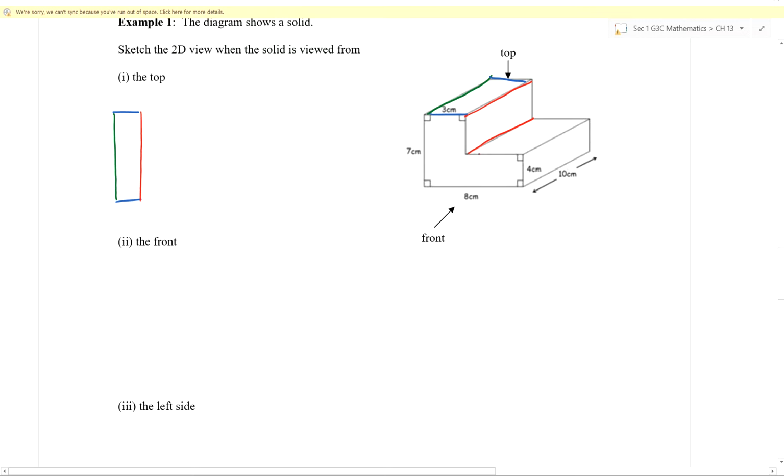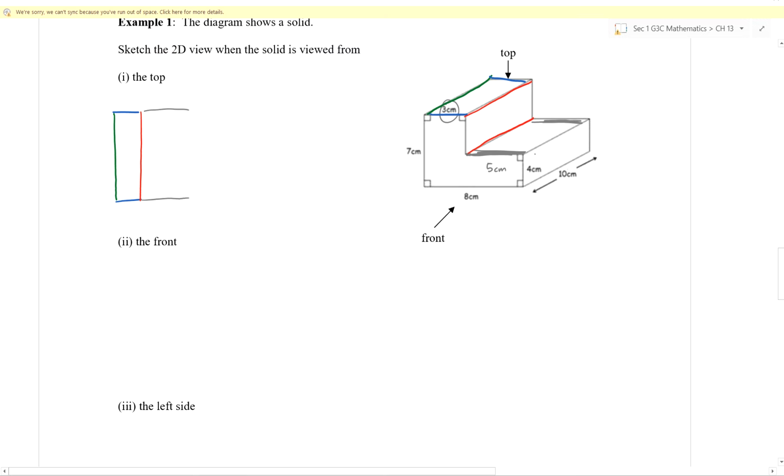Next, let's consider these 2 grey lines. They are longer than our blue lengths. They are 5 cm compared to the 3 cm of the blue length. So we need to draw this longer, of course with a ruler.